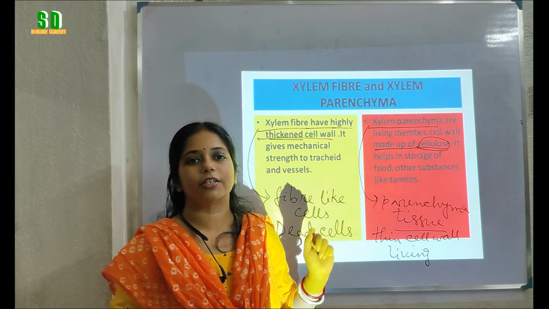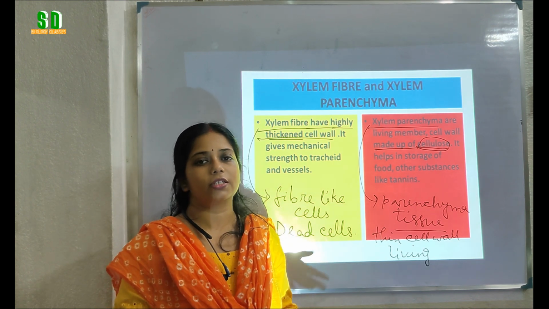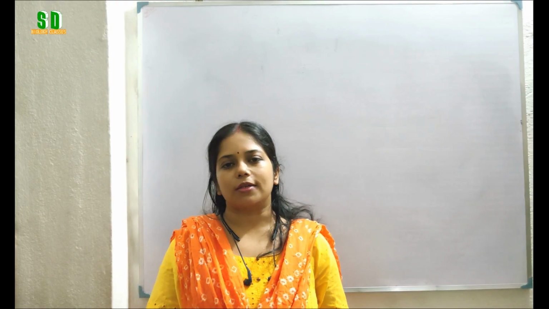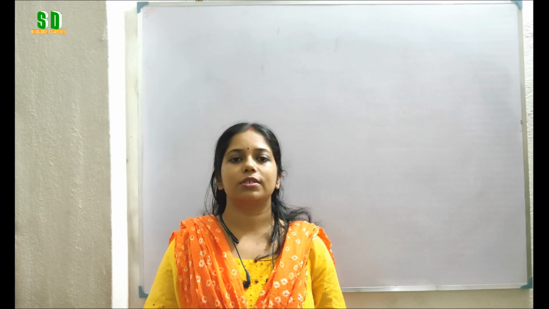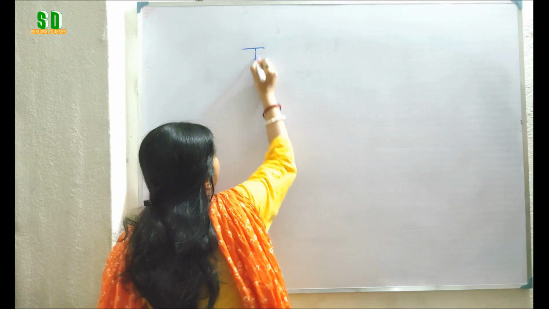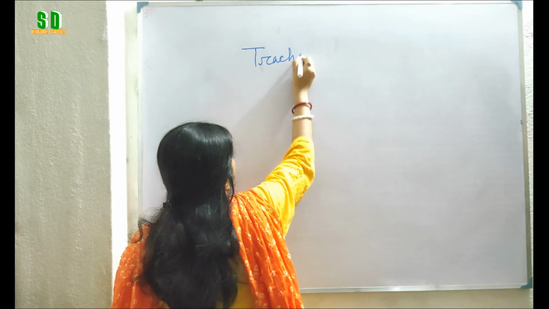Now we will learn about the differences between the trachea and the vessels. Students, a common question asked in the exam is the differences between the trachea and the vessels.